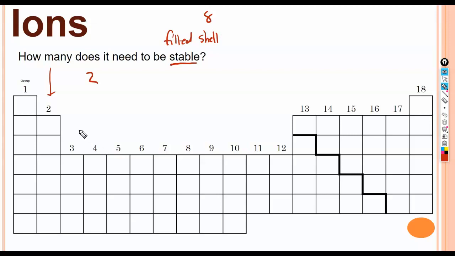Okay, so there's basically 2 things that calcium could do. Calcium could either gain 6 electrons to become stable, or it could lose 2 electrons, and then there would be no more valence electrons.